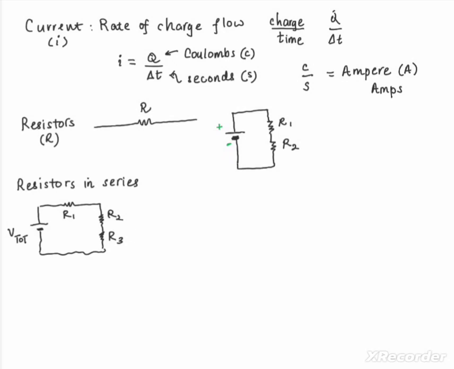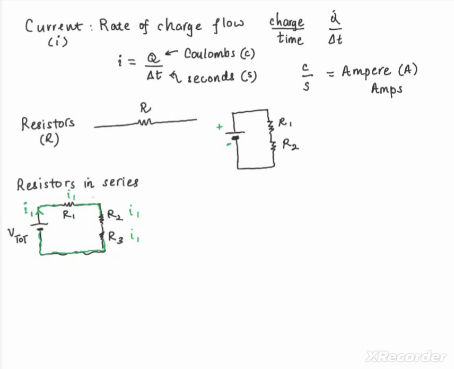In resistors in series, all the resistors have the same current. There's some current going through the positive side, let's call it I or I1. So R1 also has I1, R2 has I1, and R3 has I1.